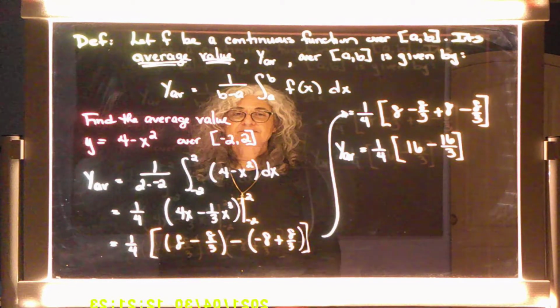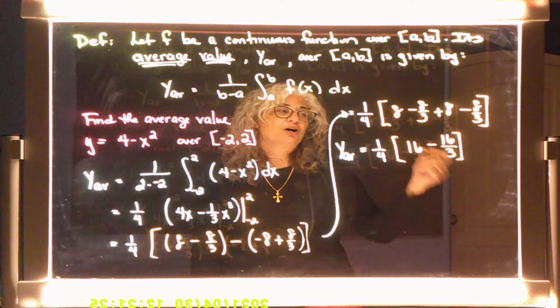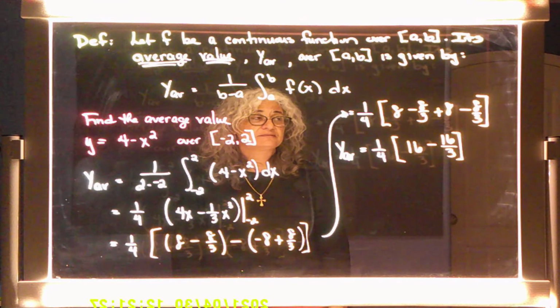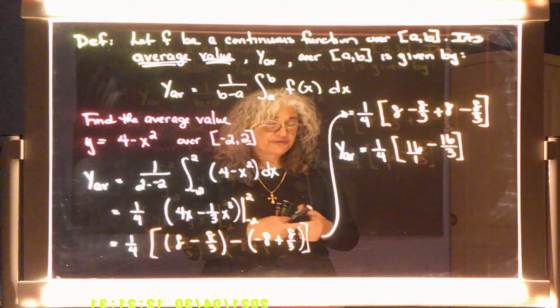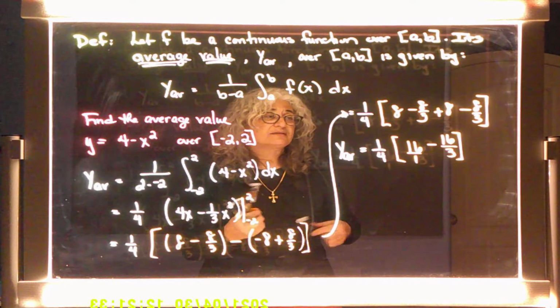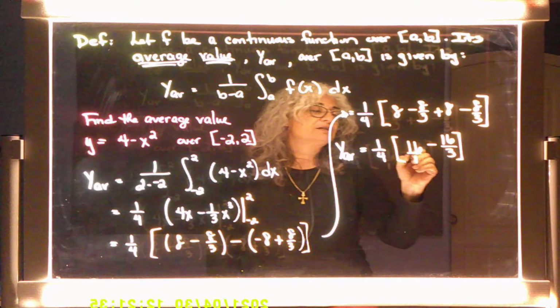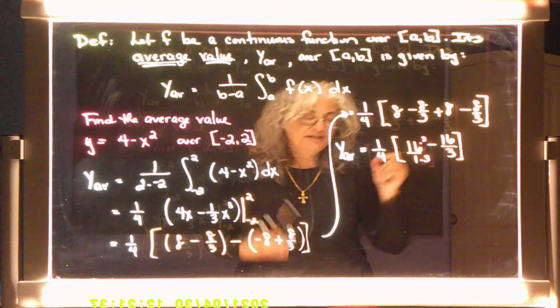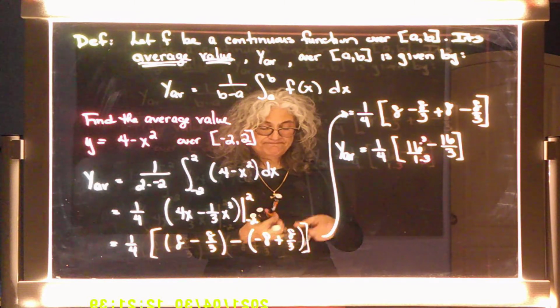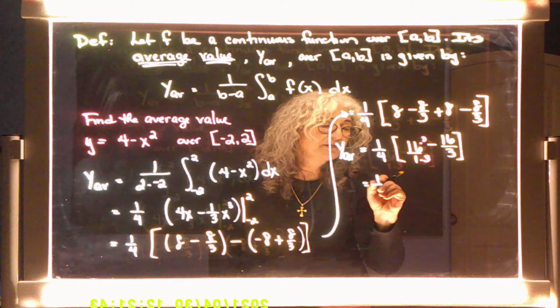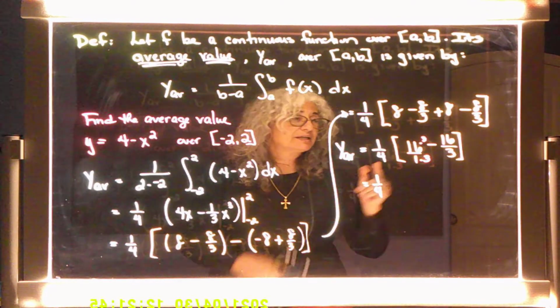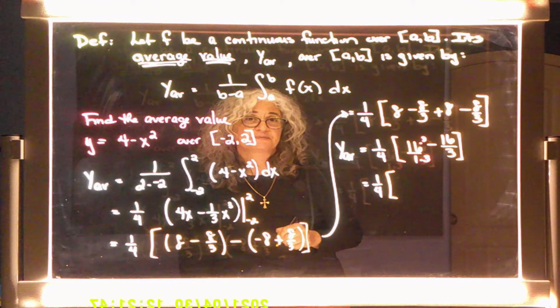Agreed? Okay, I'm going to need a common denominator in those brackets. Yeah, we're going to have a common denominator of 3, which means the 16 over 1, multiply top and bottom by 3. I agree.